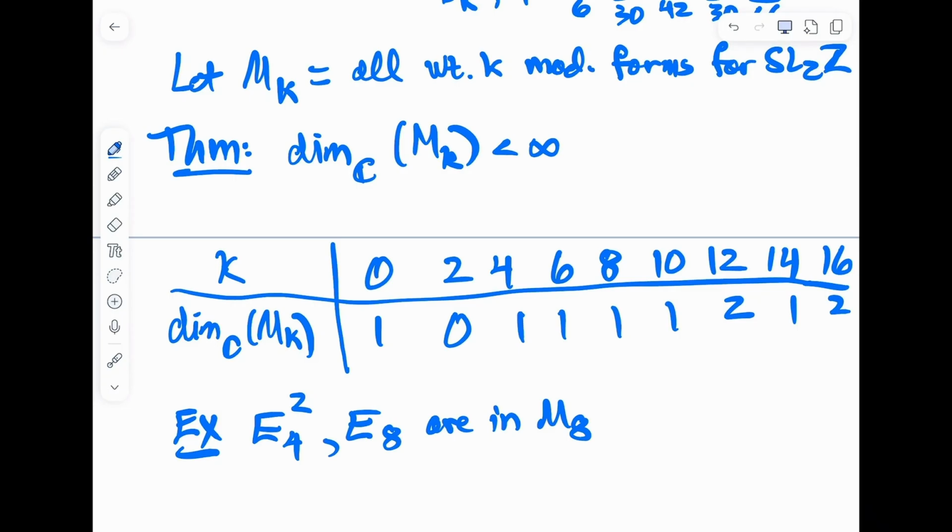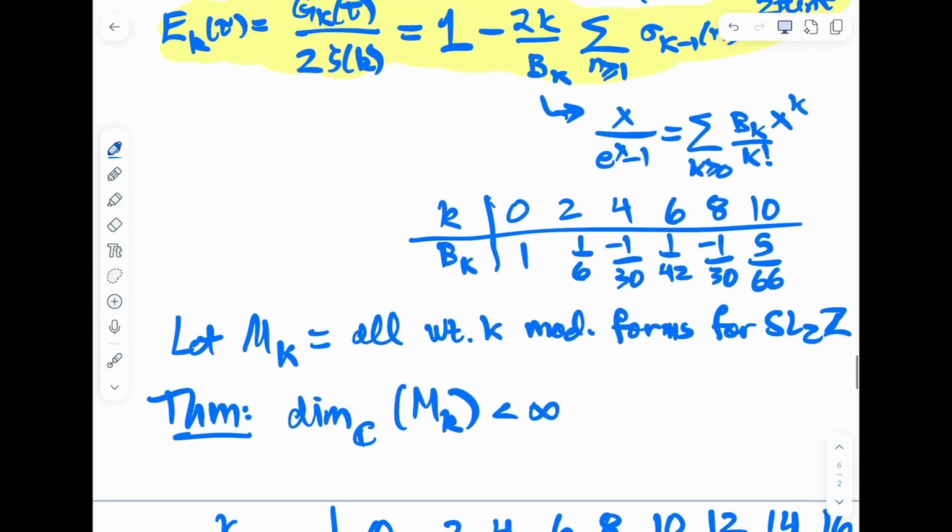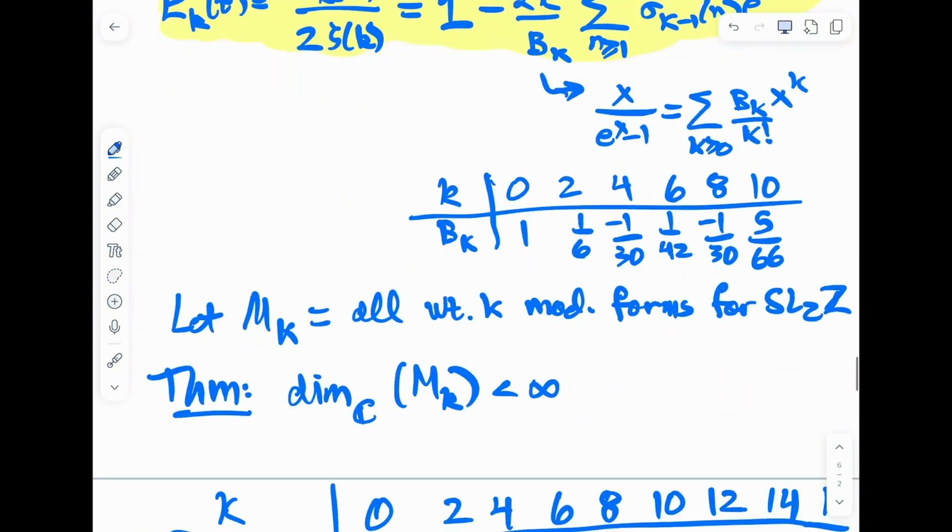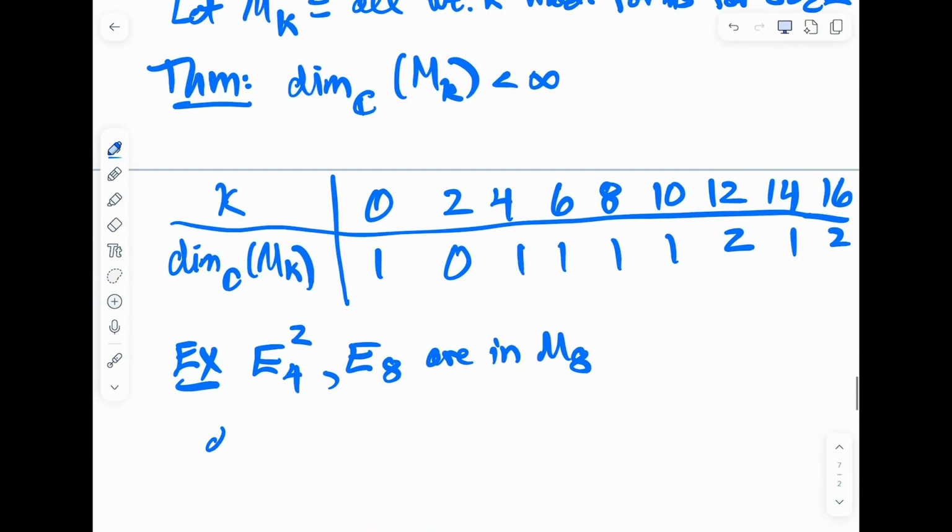According to the table, 1. And so these two things must be scalar multiples of each other, but they all have constant term 1. And so since the dimension is 1, that forces E4 squared to equal E8, which is a bit of a surprise. It's some funky identity connecting the divisor sums for sigma 3 with the divisor sums for sigma 7.